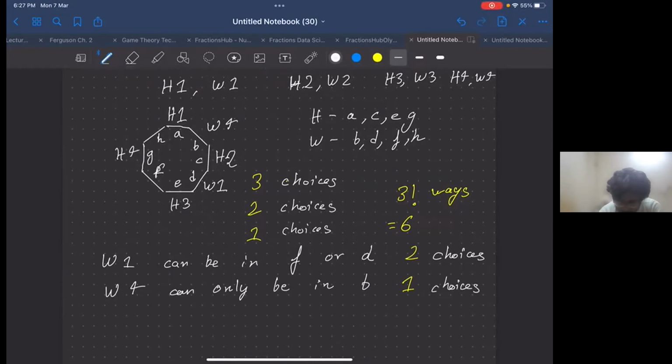Now, again, H3 wouldn't be seated next to W3. So W3 can't be on F. So we are left only with H. So we place W3 in H. W3 can only be in H. And again, one choice.